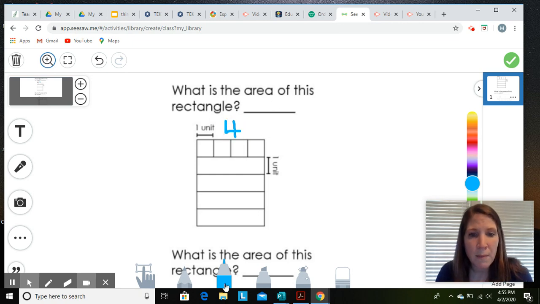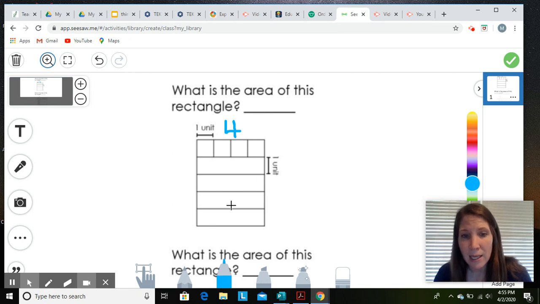And I just want to make you aware that counting the inside of the figure definitely works, and it will get you to the correct answer if you have each square filled in.